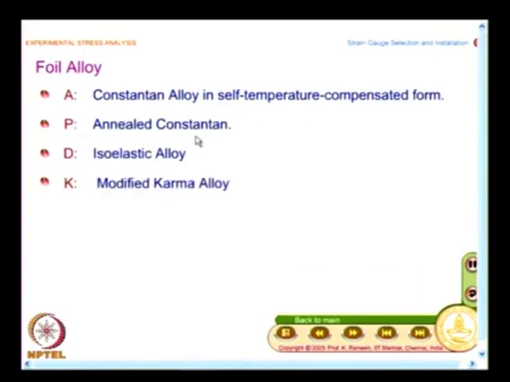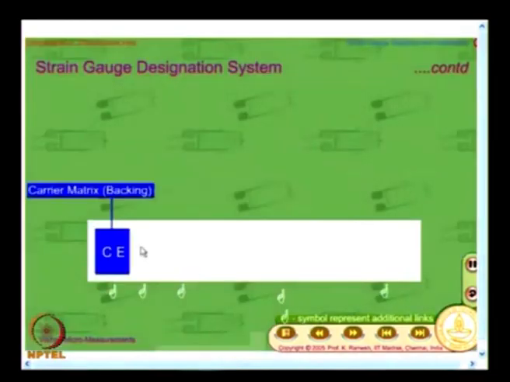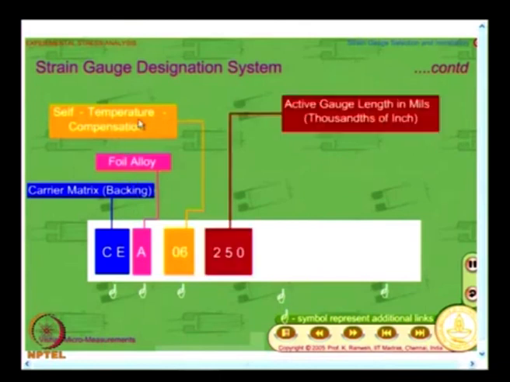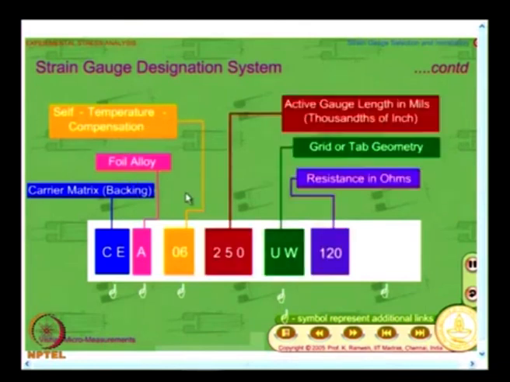P is annealed constantan, D is isoelastic alloy, and K is modified Karma alloy. So, by looking at this, we will also know what is the foil alloy I am using. And you have already noted what is the self temperature compensation number for various specimen materials.